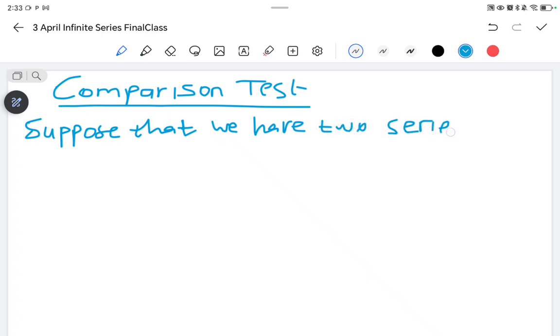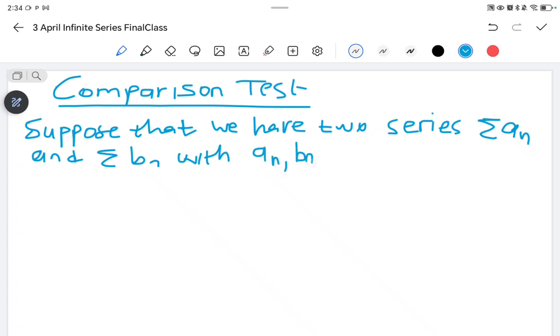The first one is the summation of A of n, and the second one is the summation of B of n. Now we know that both A of n and B of n should be positive for all n.